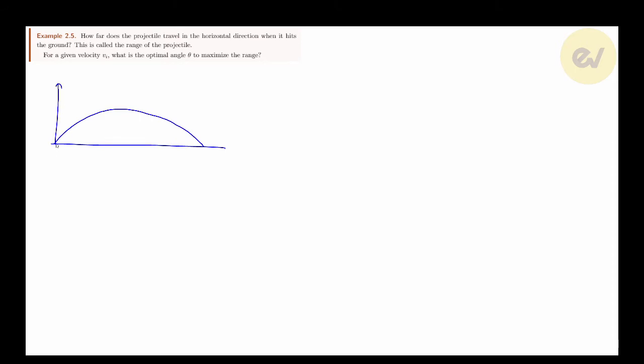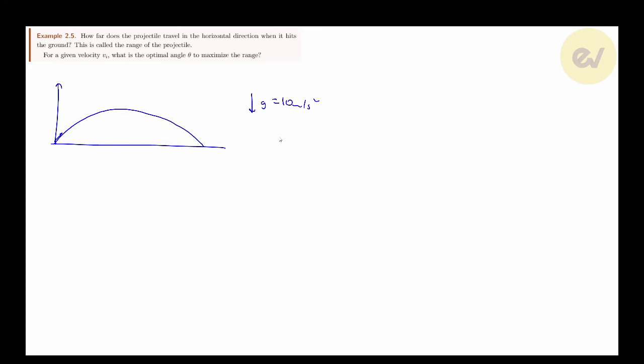On Earth, we assume the gravitational acceleration to be constant and downwards, meaning that if there are no other forces on this projectile besides gravity, the only acceleration on this object the entire time is going to be a constant acceleration of g downwards. g equals 10 meters per second squared.